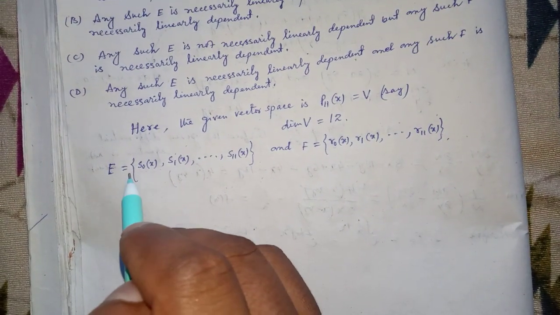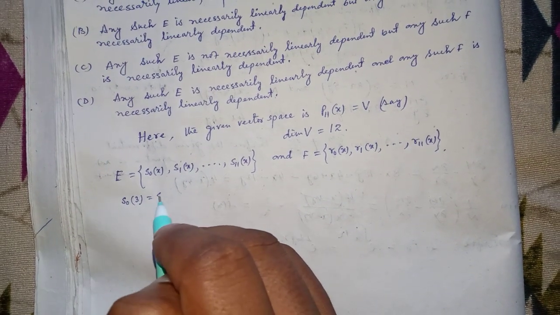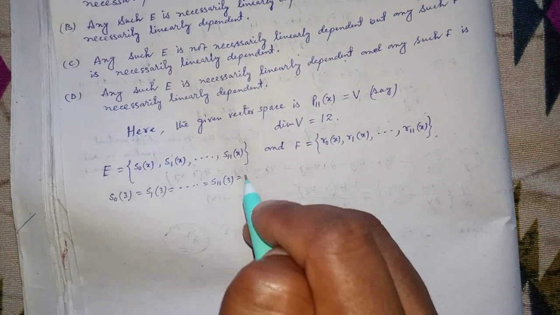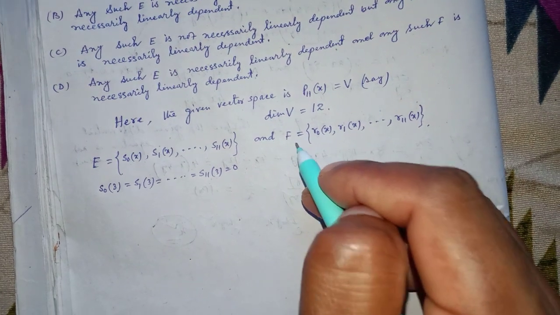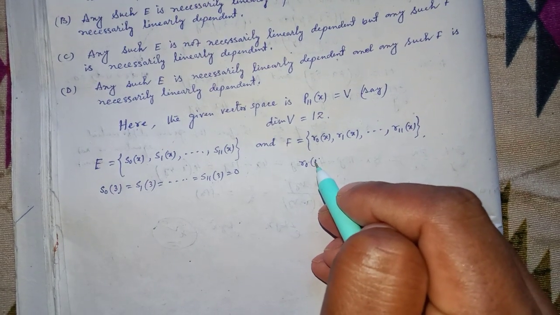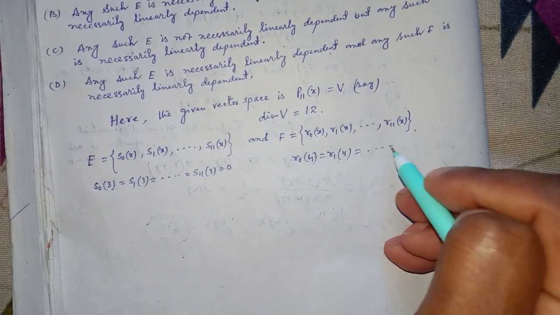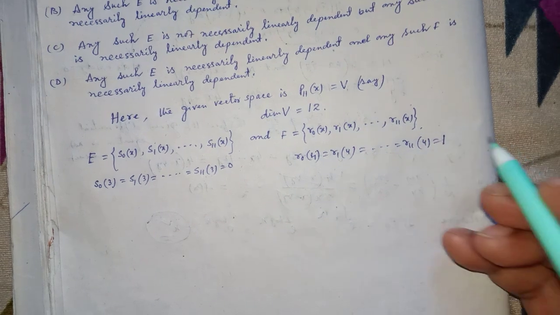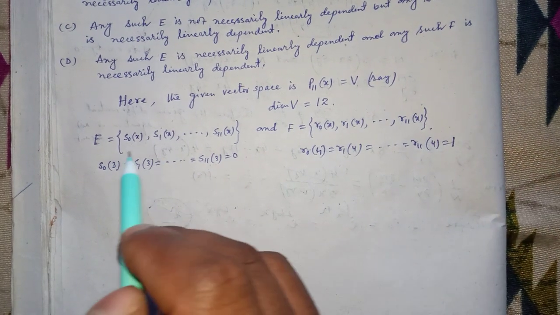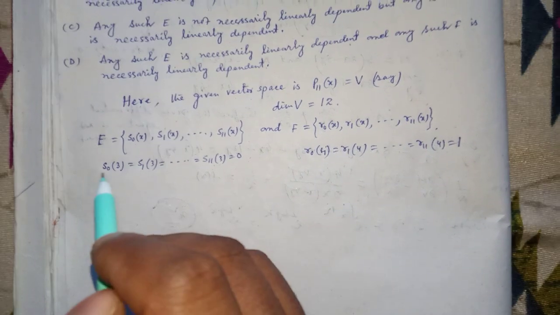The elements of E satisfy s0(3) = s1(3) = ... = s11(3) = 0 and the elements of F satisfy r0(4) = r1(4) = ... = r11(4) = 1. Now we have to check which sets are linearly dependent.